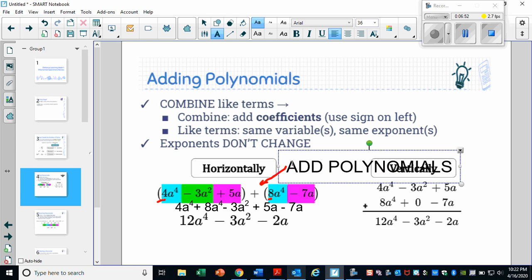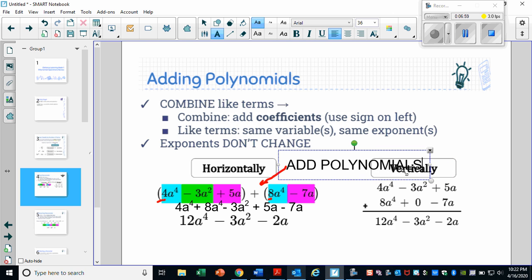Quite a few of us, before we left school, thought, oh, we had to multiply. No, that plus symbol between your two sets of parentheses tells us to add your polynomials, which means just combine your like terms.